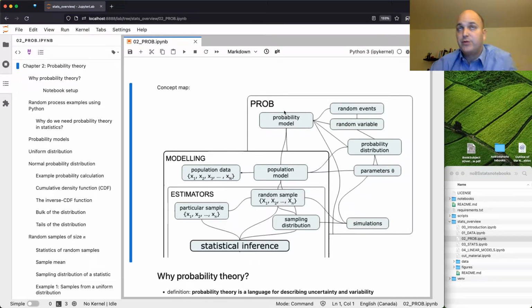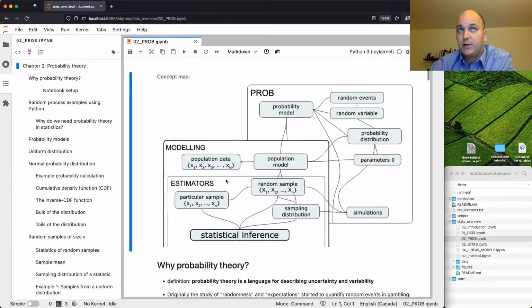And what we're going to use probability models for is to model populations and to model the sampling process, how the statistics of random samples, what can they tell us about the population. And the whole process here of inferring properties of the population from a sample is called statistical inference.